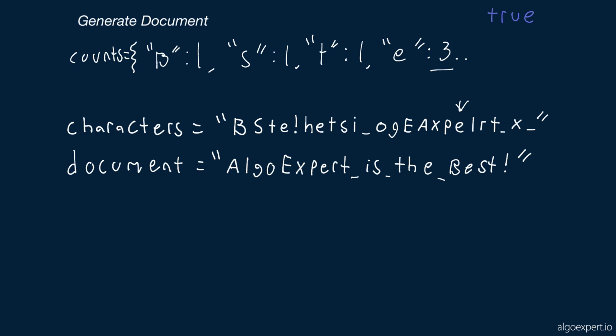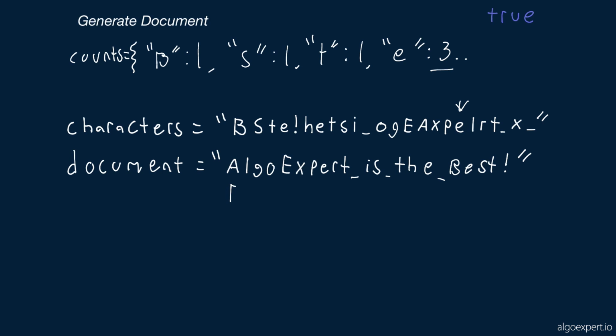So we're going to loop through our document, and we're going to start by checking if the character occurs in the counts data structure. Now, if the character that we're on does not exist in this data structure, all that means is that we cannot create the document because we found a character that just didn't occur in the characters list, and so we return false.